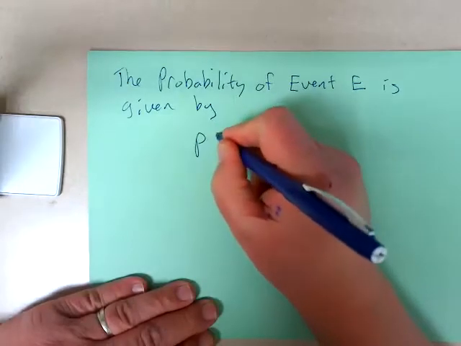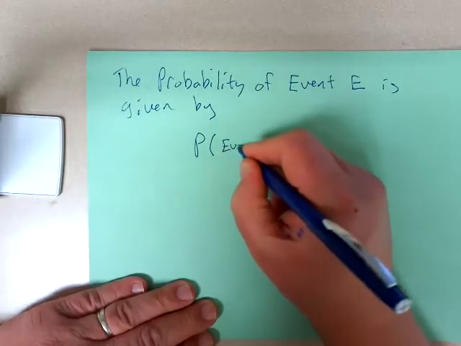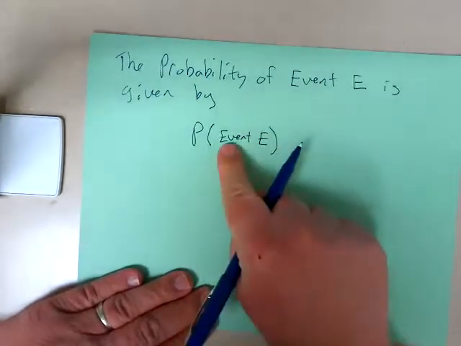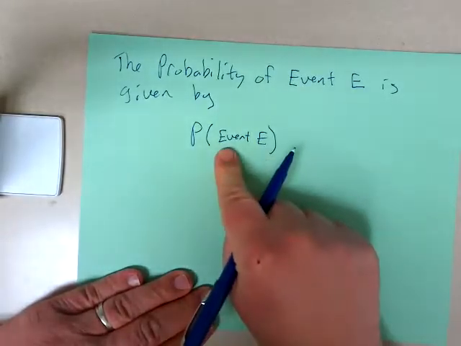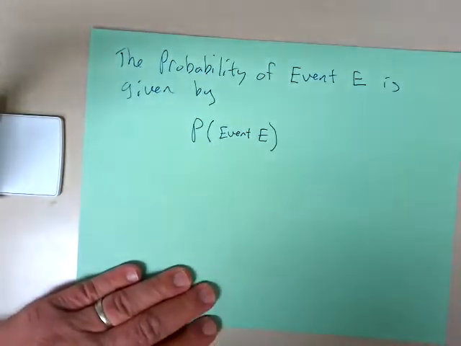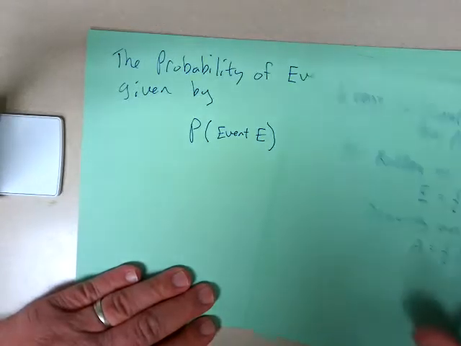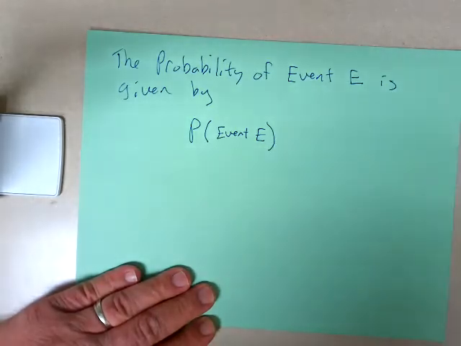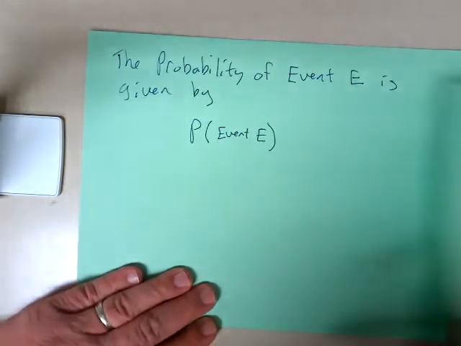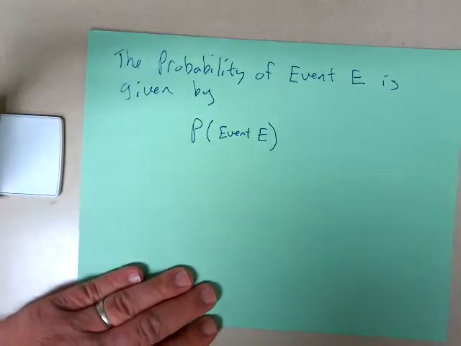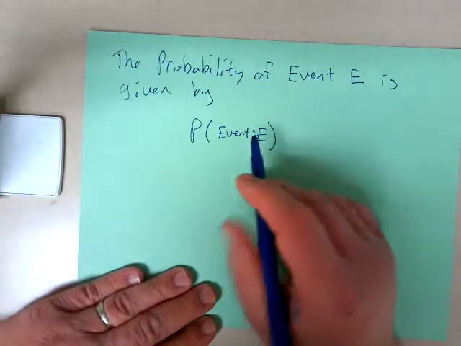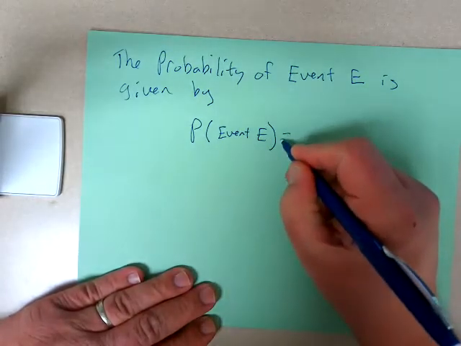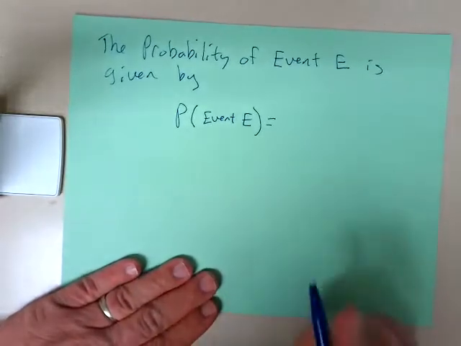So what you would do is you would write inside parentheses whatever that event is. So I'll just say event E. So inside these parentheses you would write, drawing a king, rolling an even number, or if you've already denoted it with A or E or whatever, you could just write probability of A, probability of E, okay? But you don't have to denote the event with capital letters. You could just write the event, whatever it is, inside the parentheses. And this is saying probability of event E, okay, it is equal to the following.